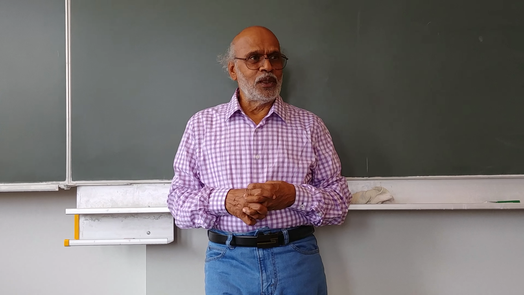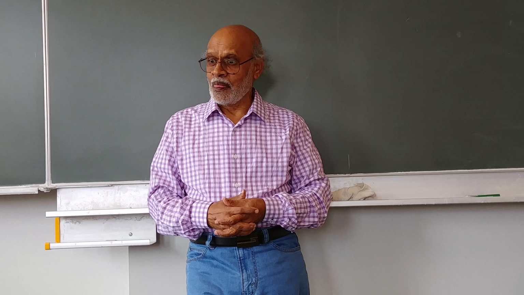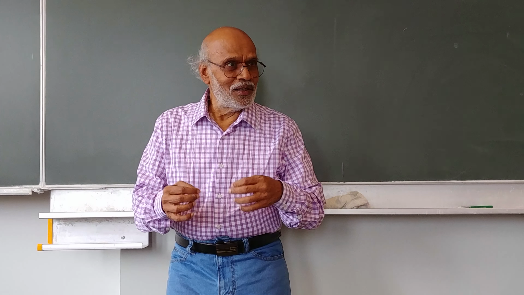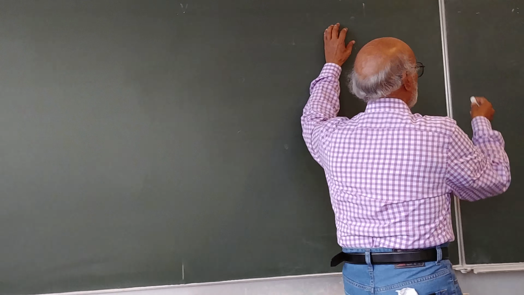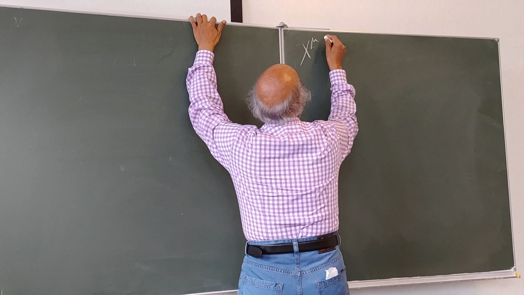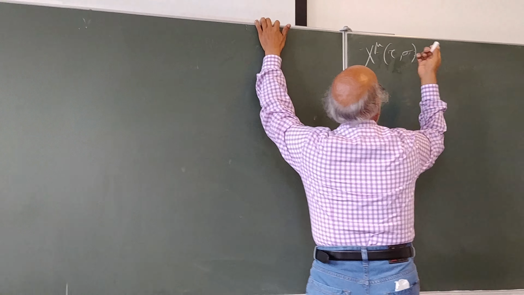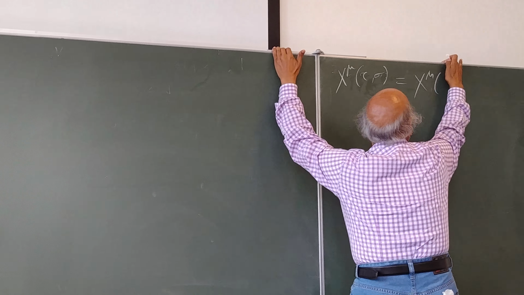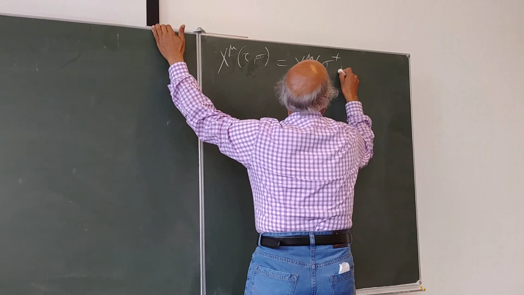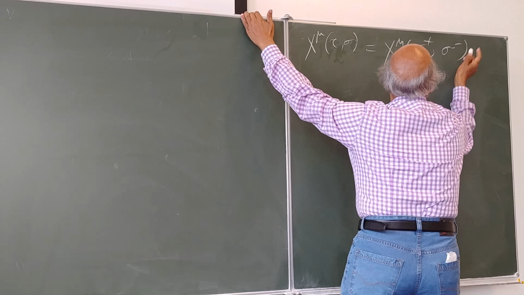And now you would be able to see why we are advocating this particular idea, because in our theory, x mu is a function of tau and sigma, or equivalently a function of sigma plus and sigma minus.